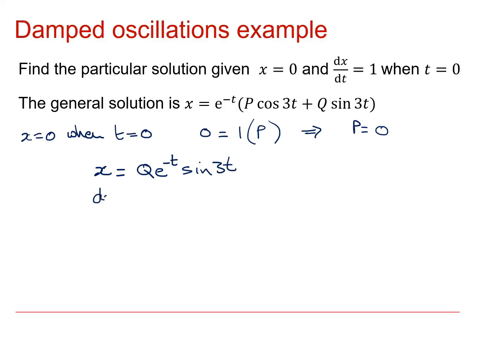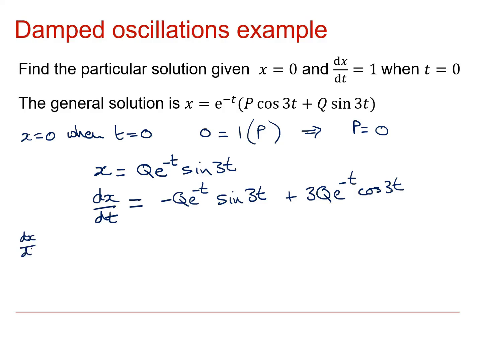And now I can look at dx by dt, and that's going to be minus q e to the minus t sine 3t plus 3q e to the minus t cos 3t. And I know that dx by dt is equal to 1 when t equals 0.